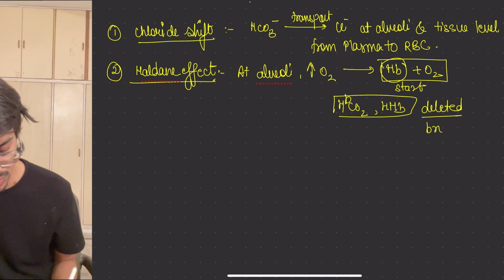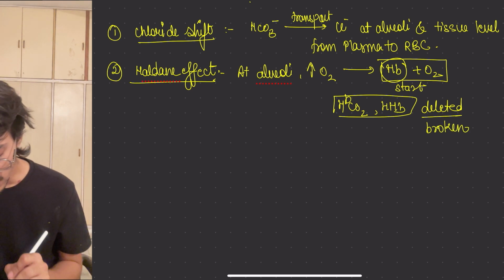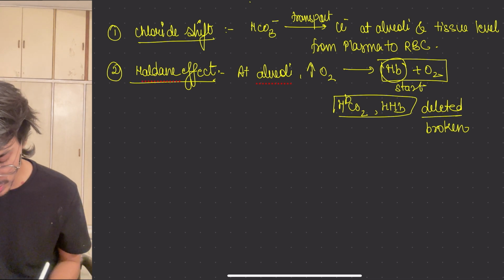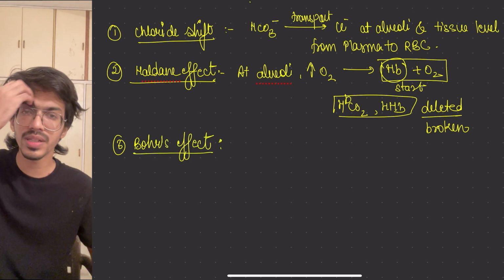This is the Haldane effect, occurring at the alveoli level. The chloride shift is also called Hamburger's phenomenon, and the third is the Bohr effect, which is not in your syllabus, but you should know that it is also present here.